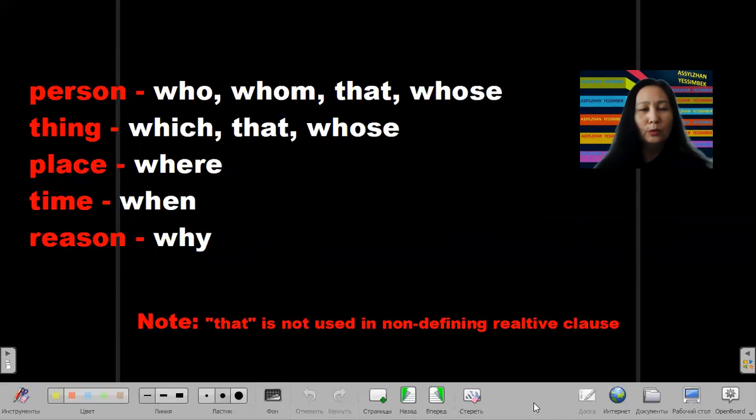The pronouns who, whom, that, whose are used for a person, which, that, whose for a thing, when for time, where for place, and why for reason. And there is a note for you that the pronoun that is not used in non-defining relative clauses. Instead of it, you can use the pronoun which.